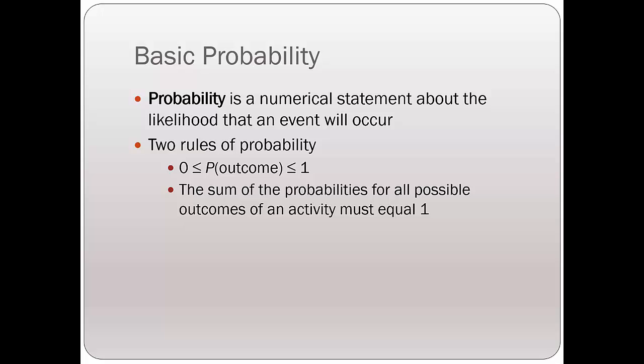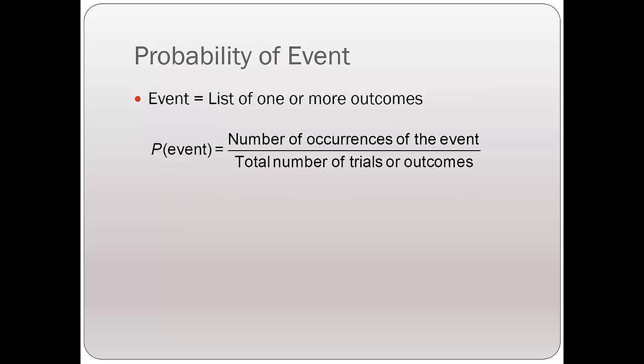So that's the basic rule for probability. And now we define an event and then find the probability of an event. An event is a list of one or more outcomes. For example, in a roll of a die, suppose you define an even number. That would mean when you roll a die, you get either a 2 or a 4 or a 6. So 3 possible outcomes define that event.